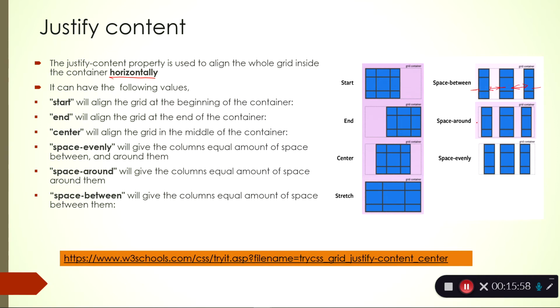Space around will consider the space at the left and right edges, but the edge space is smaller than the space in between. Space evenly will create the same space at both edges and between the elements.